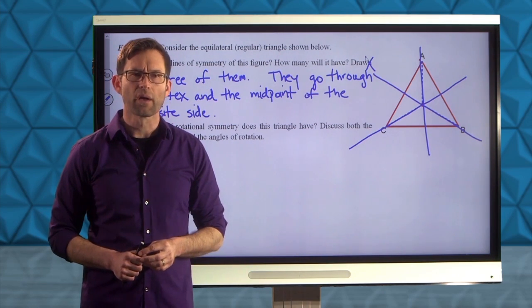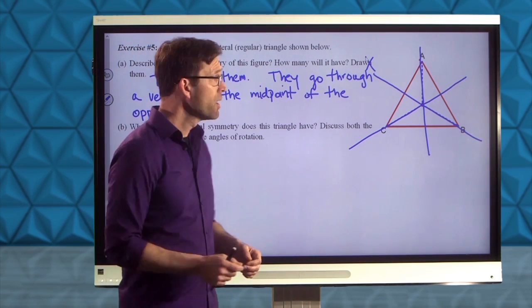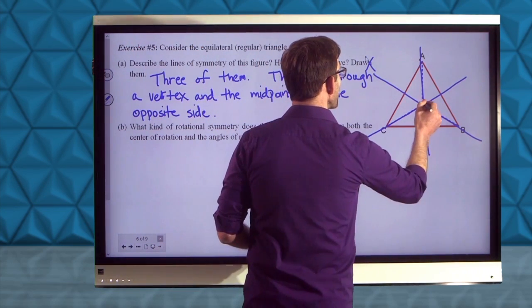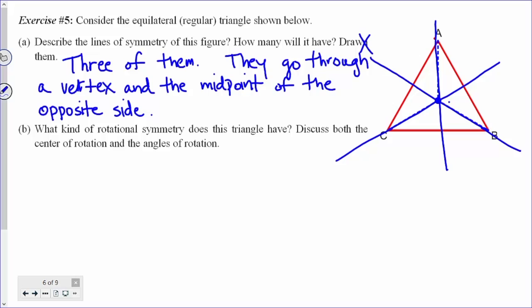All right, let's talk about it. Well, first, the center of rotation, maybe I'll call it letter D, is right there.